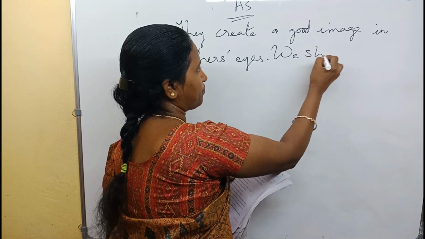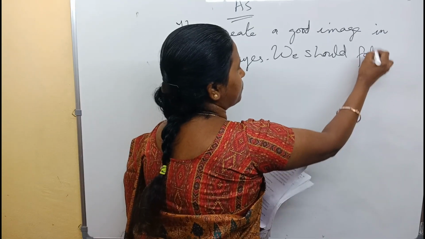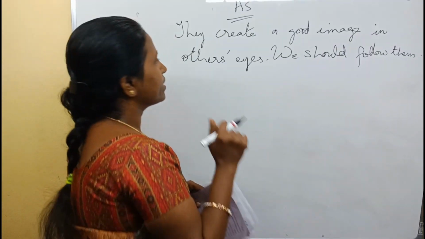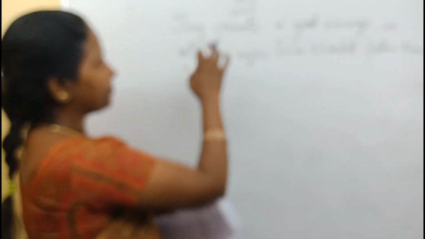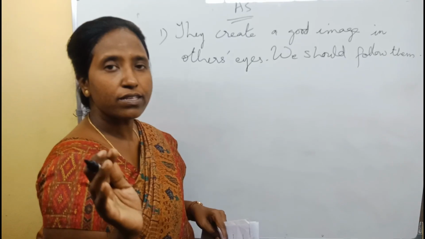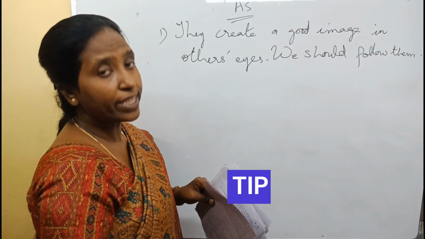We should follow them. Okay, these are the two sentences. Now, which is the reason? Yes, this is the reason. And remember, it is always good to start the sentence with as.